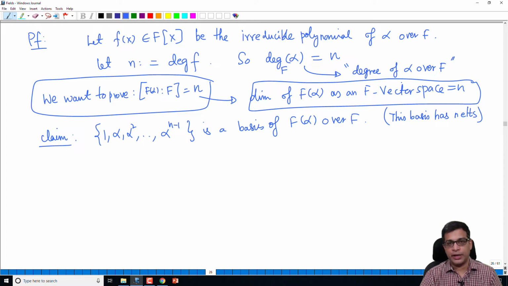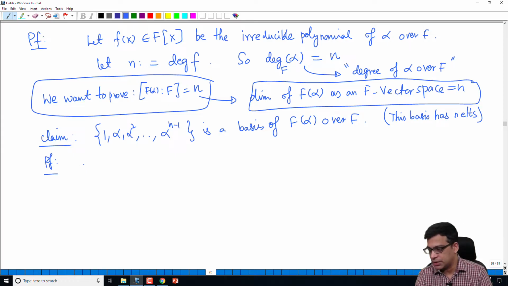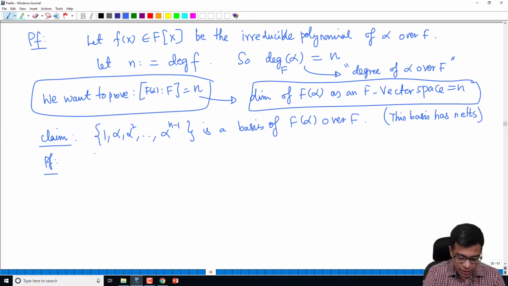Remember, definition of dimension is the cardinality of any basis. And if I exhibit a particular basis and show that it has n elements, it is enough, because any two bases have the same number of elements. So that's all we need to show, that this is a basis. There are two things to prove when we are trying to prove something is a basis. First is that it spans.